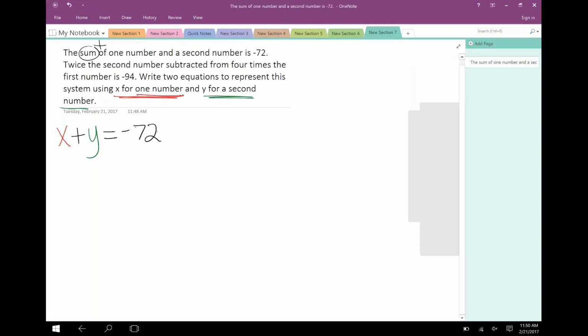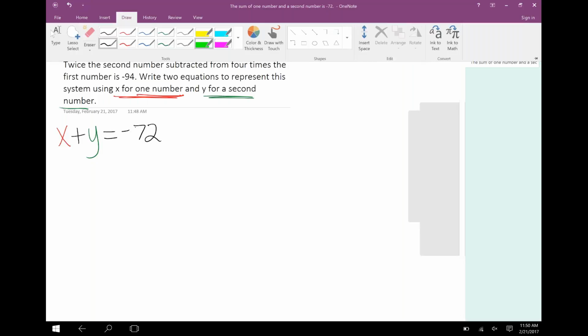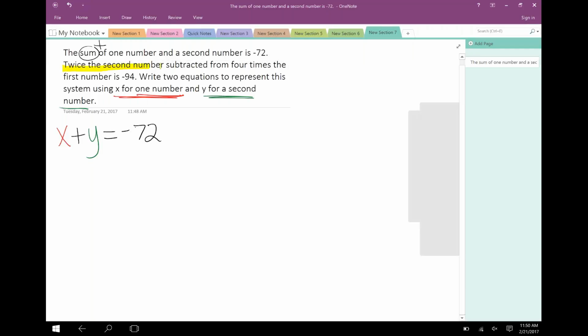Now, twice the second number. So twice the second number is going to be 2 times, I'm going to write on the side, 2 times the second number is y. So that's twice the second number. Okay? Subtracted from. That's super important.